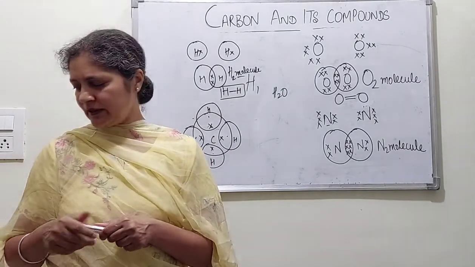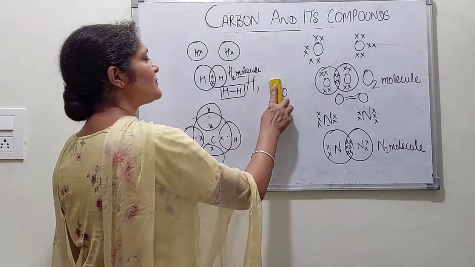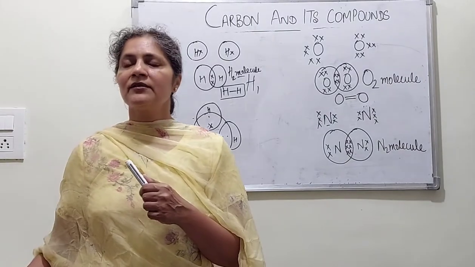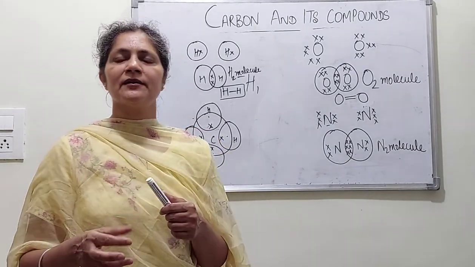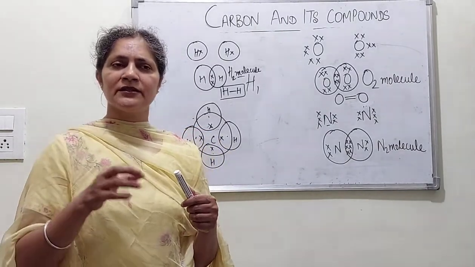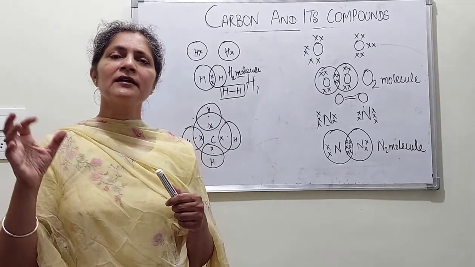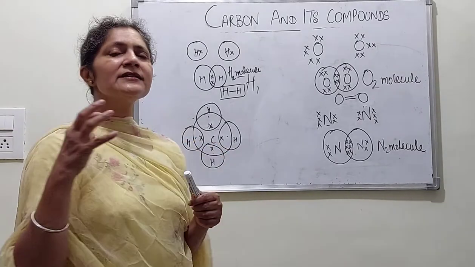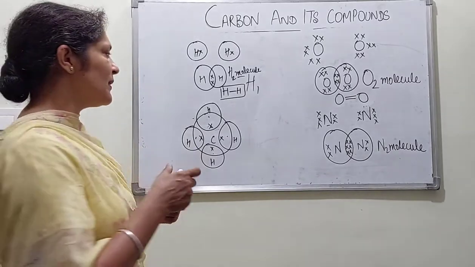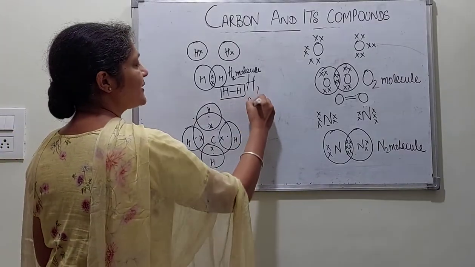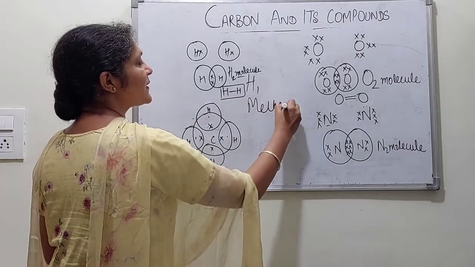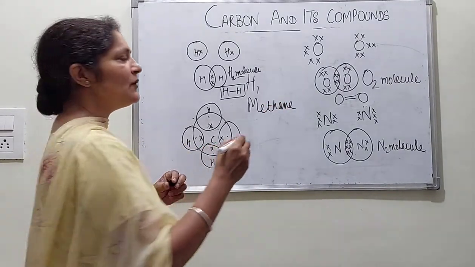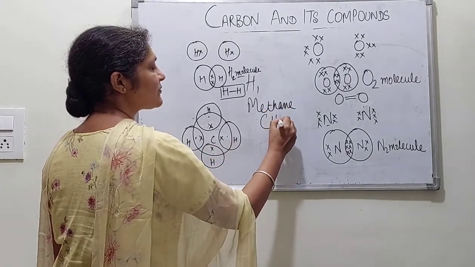This is a molecule. Now students, we come to the next compound, that is a compound of carbon, because this chapter is related to the compounds of carbon. Now the simplest carbon compound is methane. Its formula is CH4.